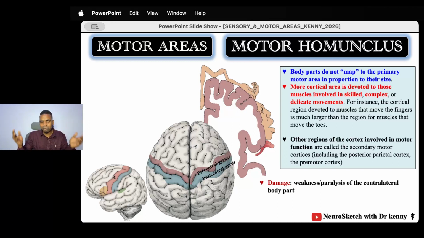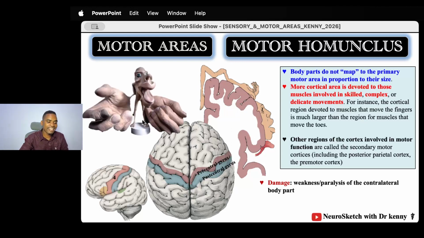If you guys watch football, you understand even those skillful players like Messi and Ronaldo, they're not very sure when they take a free kick that they're going to put that ball at the back of the net. Even to put it on target is sometimes difficult, yeah, because the foot is not very accurate, because it's not as well represented in the motor homunculus as the arm. And this is why it's easier for those playing basketball to score, because they are relying on hands, and hands are highly represented.